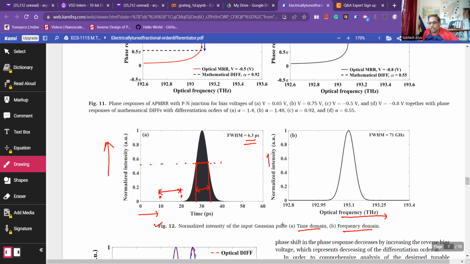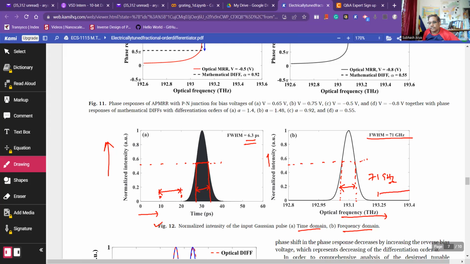Now coming to the optical frequency, what is the full width at half maximum bandwidth? Again, this is the half power point. From here to here, this should be approximately 71 gigahertz. Since these axes are in terahertz, we can make a rough estimate.